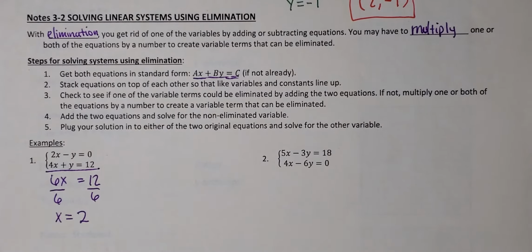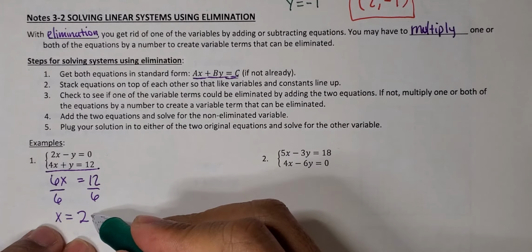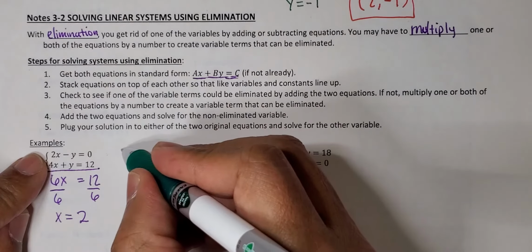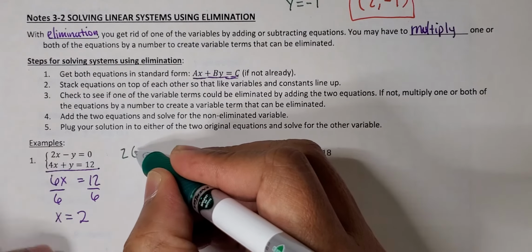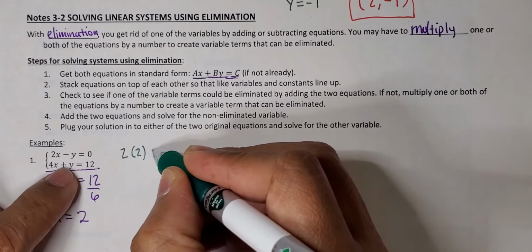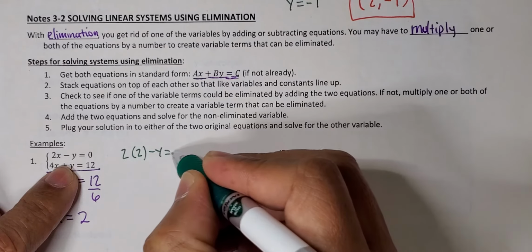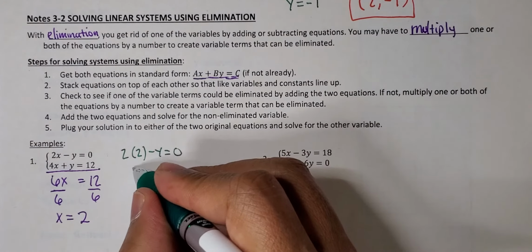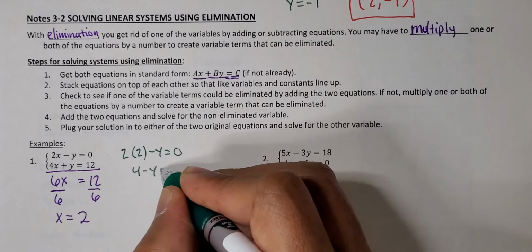Next, I'm going to use this value of x in the first equation. Instead of x, we just found that x is 2, so 2 times 2 is 4, and then subtract y equals 0. So 4 minus y equals 0.